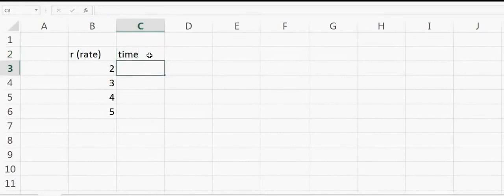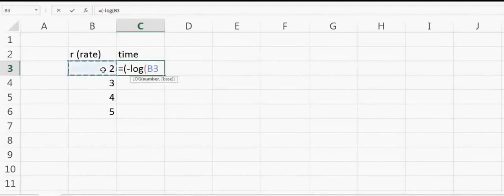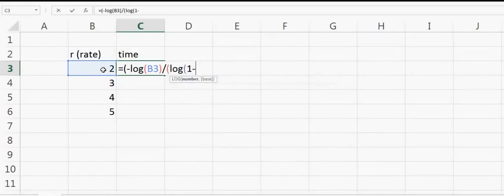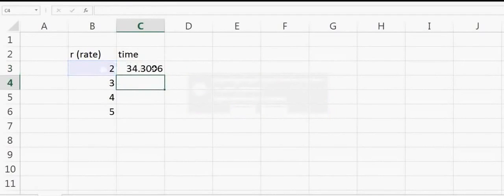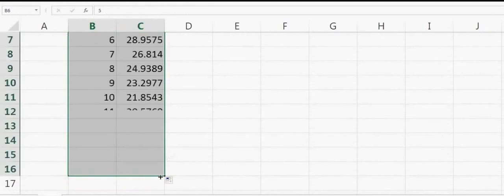So the time for your money to become half will be equal to minus log of 2 divided by log of (1 minus r). I'm dividing the rate by 100 because it's in percentage, and that's your time. So we can do the same thing. You can keep copying this formula until 15.